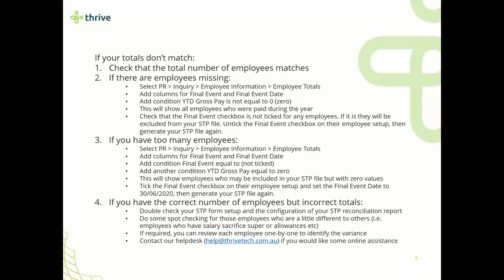And then you could go and check them also in the STP file and see if they match. So basically do some spot checking, you know, for those employees who are a little bit different to the average employee.